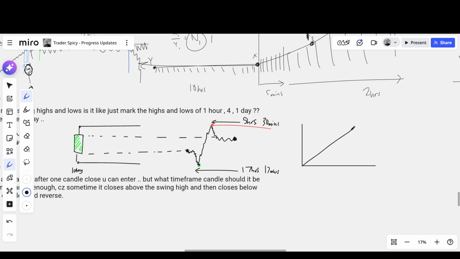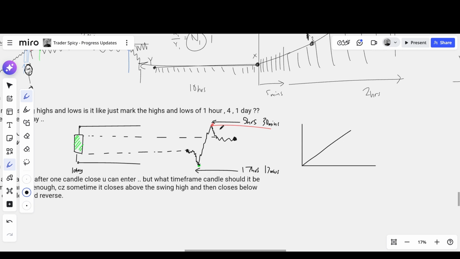So the more time that price has spent away from a level, this means that the market has had more opportunity to go and place limit orders at that particular level. Now, if there was more opportunity to place limit orders at a level than at another level, that means that, assuming all other factors are equal, again, this is an assumption, right?